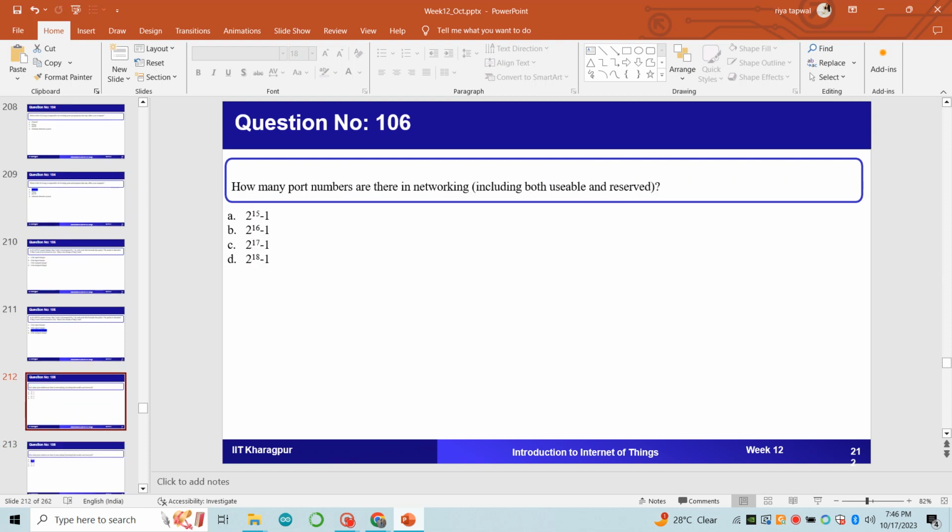Next question is, how many port numbers are there in networking? Options are 2 raised to power 15 minus 1, 2 raised to power 16 minus 1, 2 raised to power 17 minus 1, 2 raised to power 18 minus 1. Anyone?